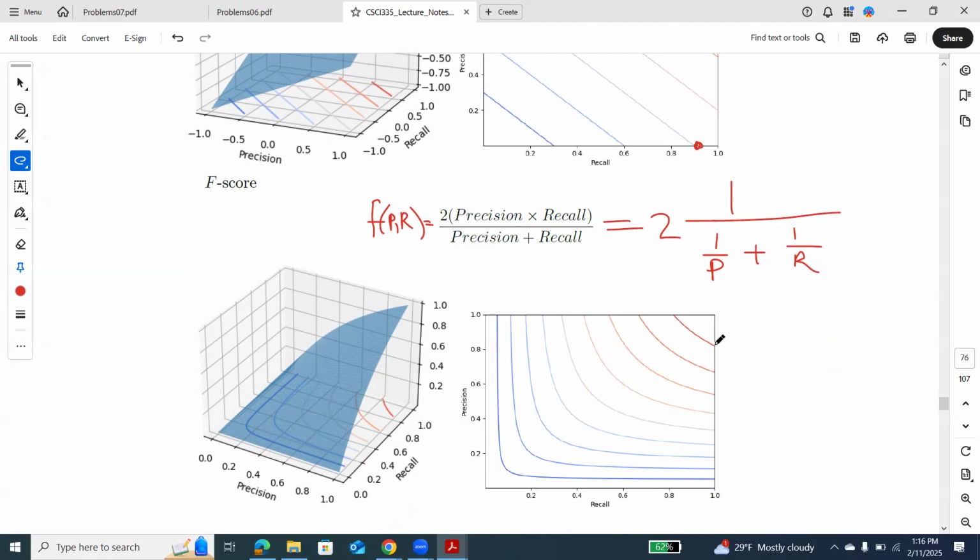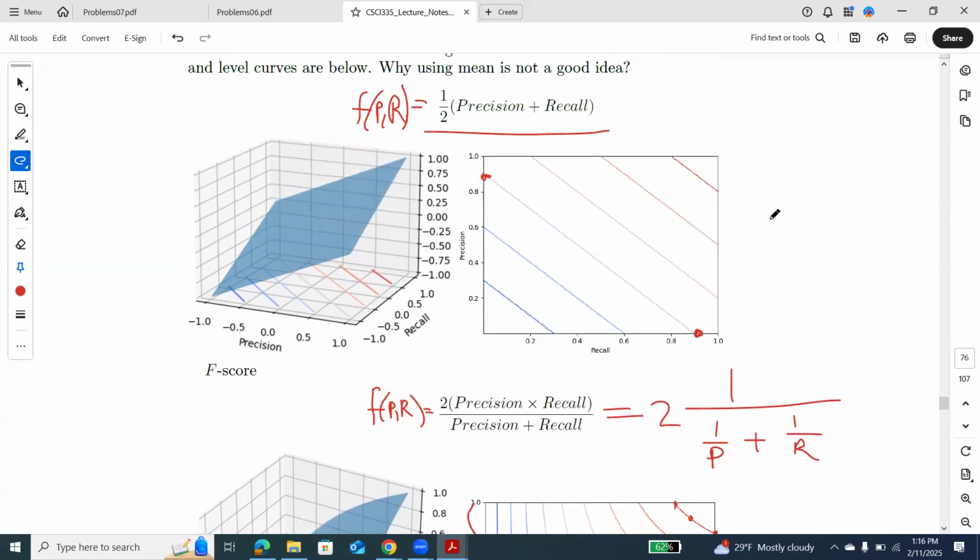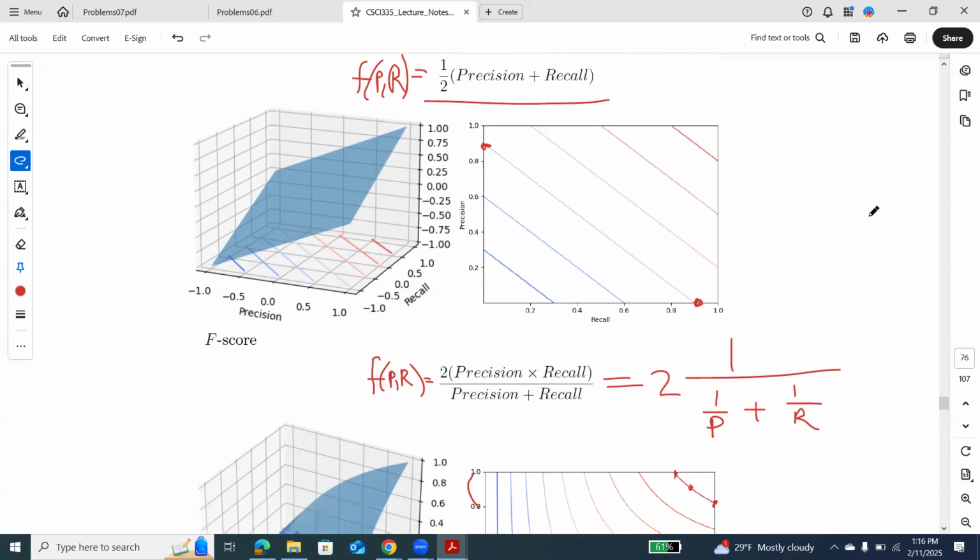For example, if here is 0.9, then it will correspond to high values of both precision and recall. So which function will maximize both precision and recall?